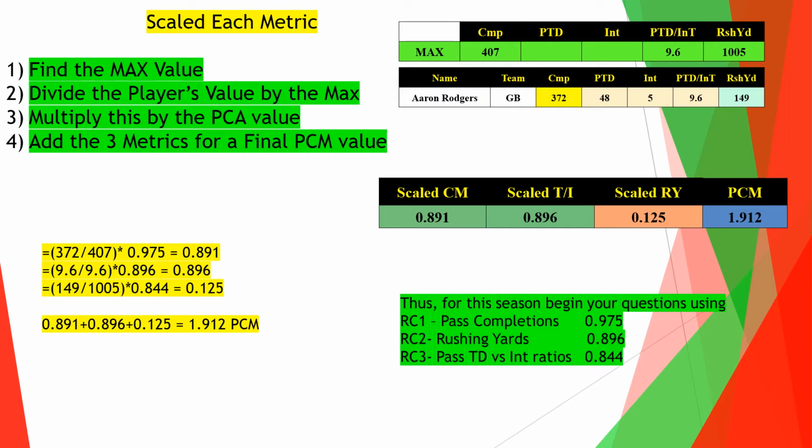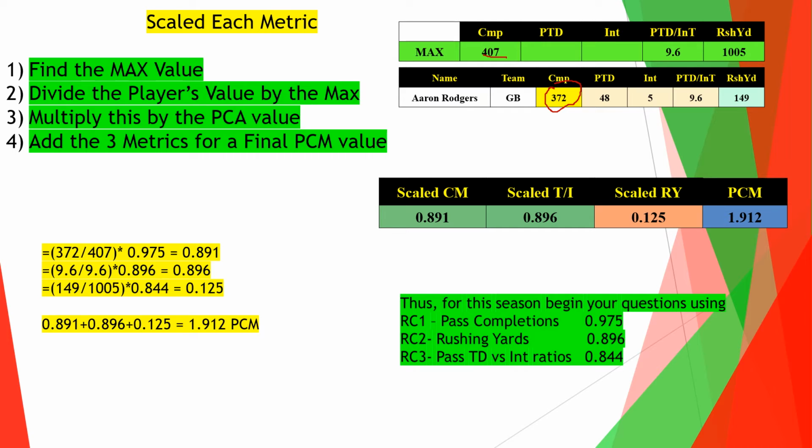So Aaron Rodgers, if we look at his stats, he had 372 completions, not the best. He had 9.6, which was the best, but his rushing yards was 149. So I divided the player's value right here by the max.